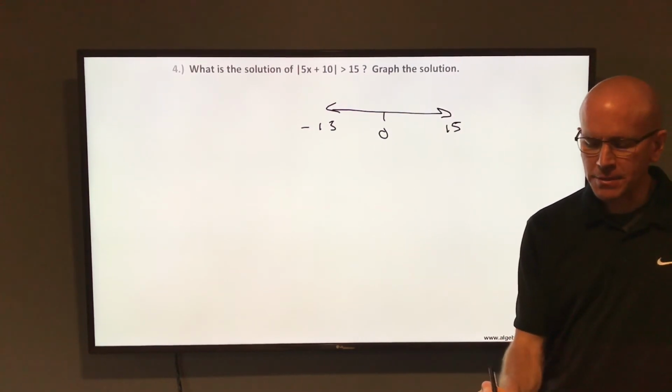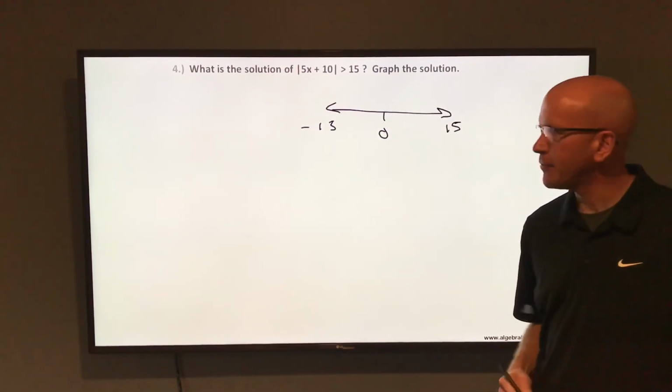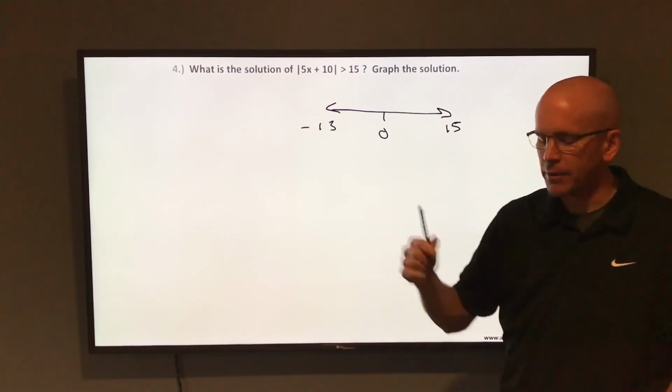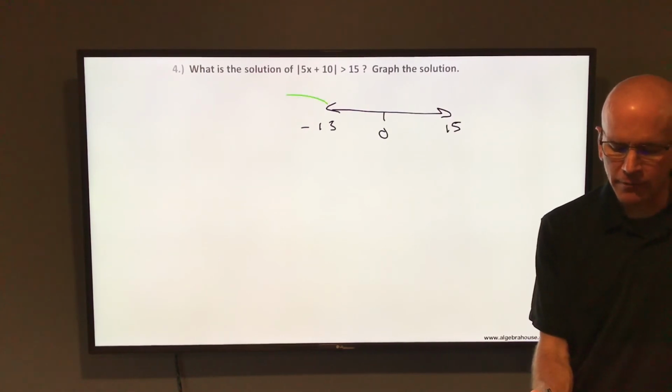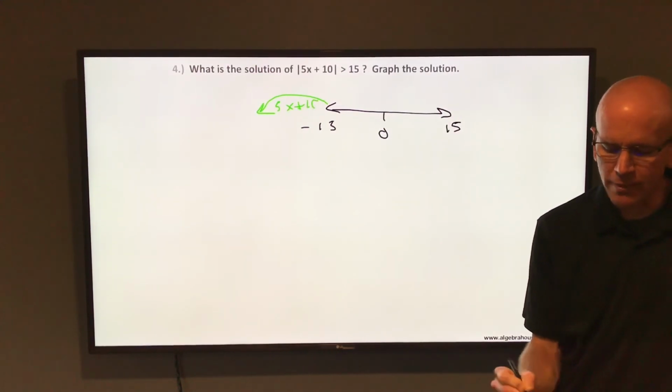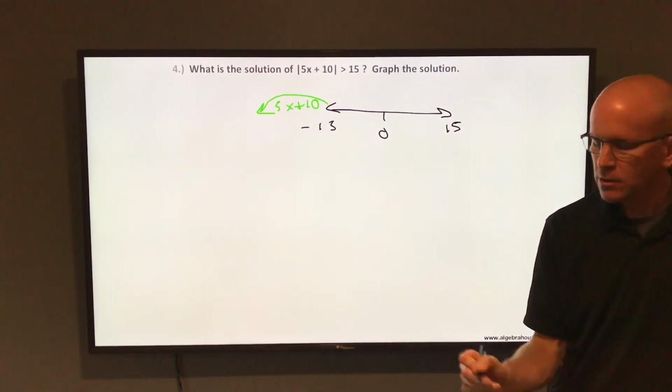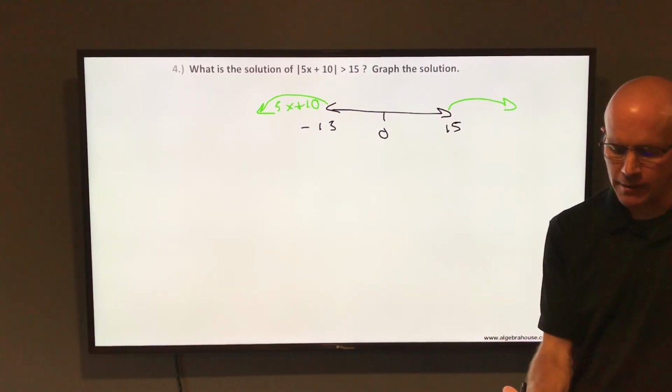So if the distance that 5x plus 10 is away from 0 is more than, or is greater than, 15, that means it's going to be out here to the left of negative 15. So 5x plus 10 could be to the left of negative 15, or 5x plus 10 could be out here to the right of positive 15.